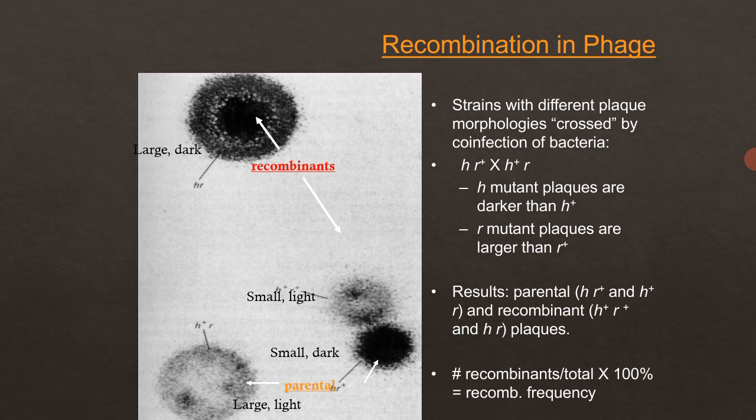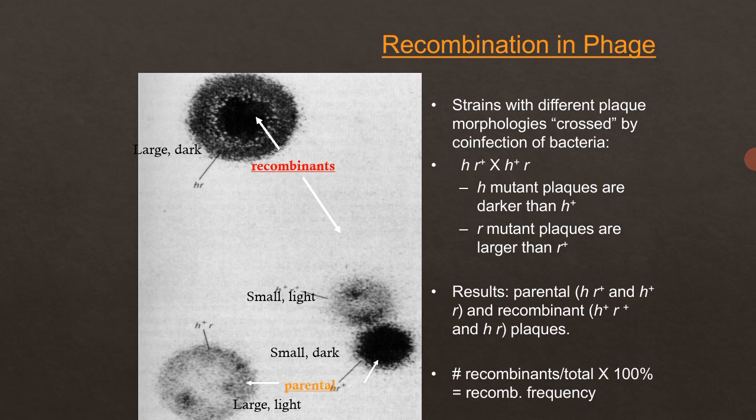What is a recombination frequency? It is the ability of the phages, or we can say the frequency by which the phage becomes recombinant, the speed. We can determine that recombination frequency. If the recombination frequency is very high, we can say the genes responsible for recombination of these two plaques, or the mutation genes, are present very far apart.